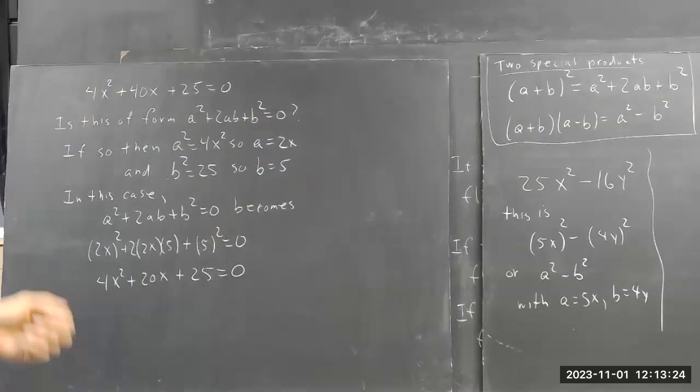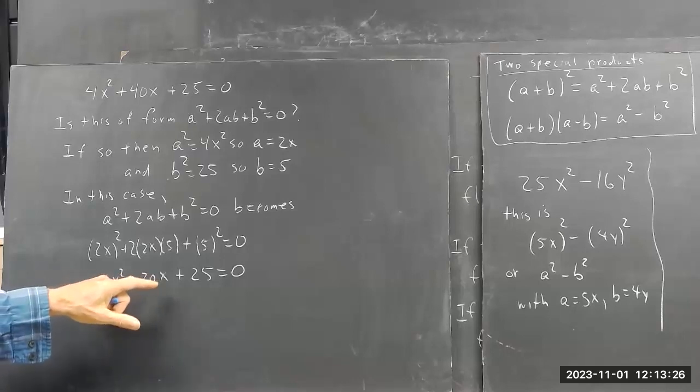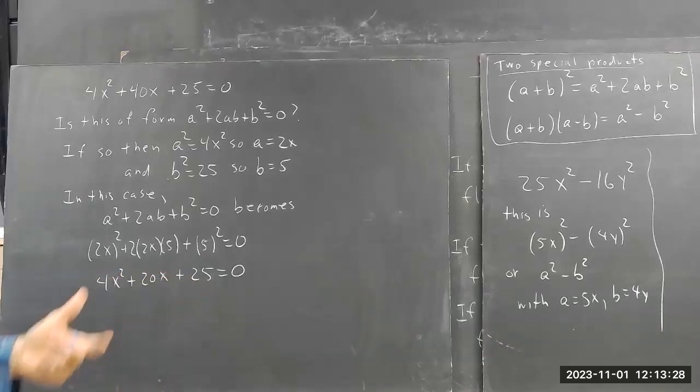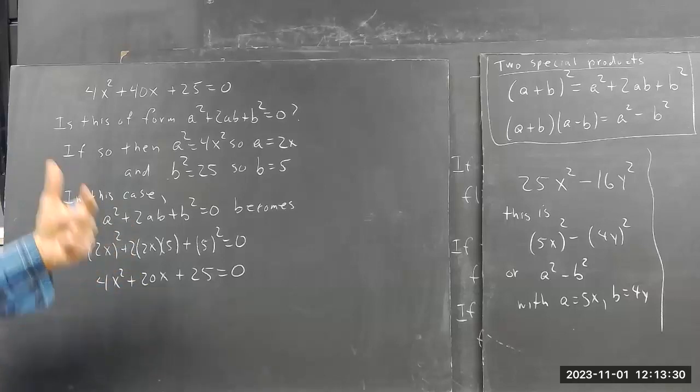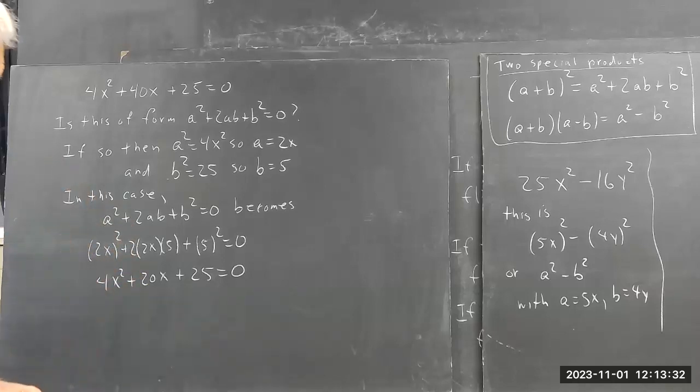Now, if the equation had been 4x squared plus 20x plus 25, then we'd be able to factor it pretty easily.